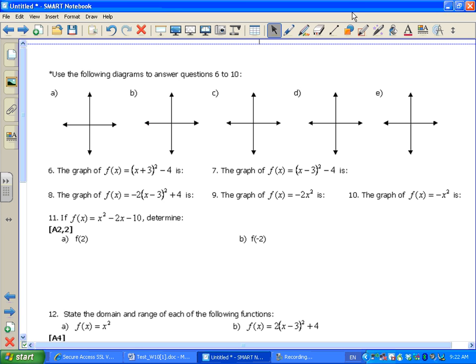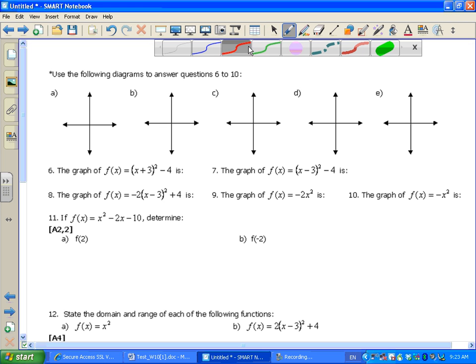Okay, question 6. In this question on your test, I've drawn the diagrams. I personally don't remember which ones I drew them under, so we're just going to redraw them quickly. So the very first one, graph of f at x is equal to (x plus 3) squared minus 4. We always start at the origin, and there's been no stretch factor.